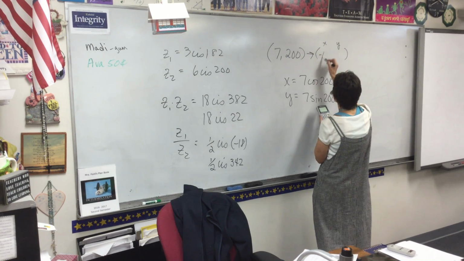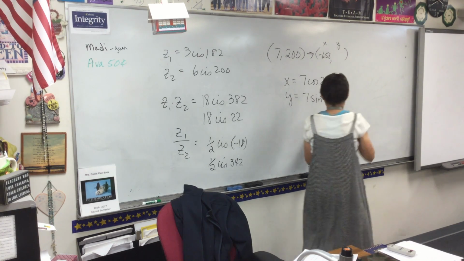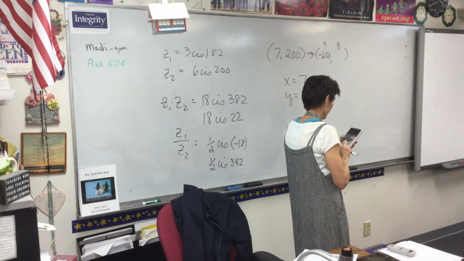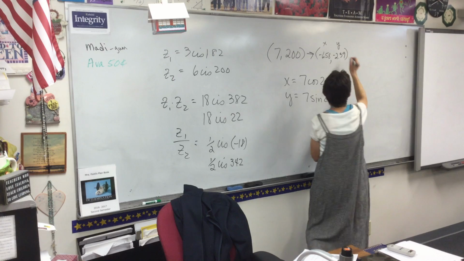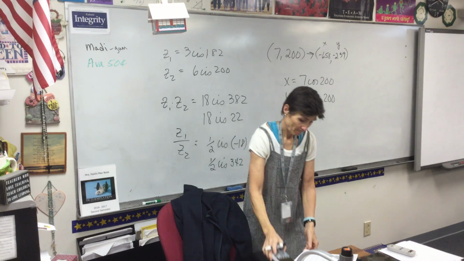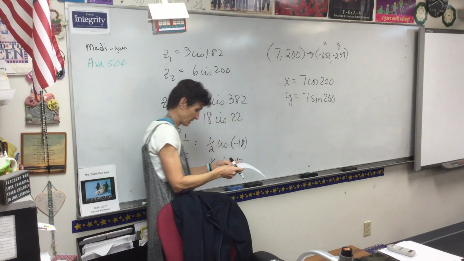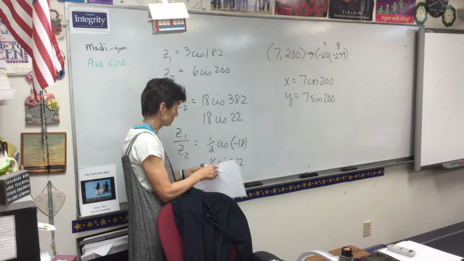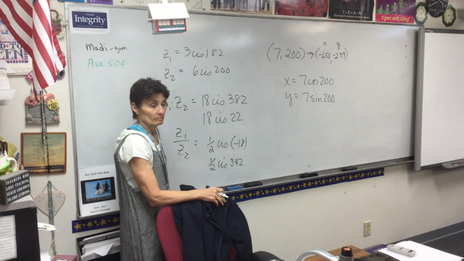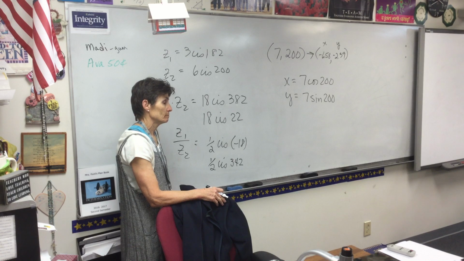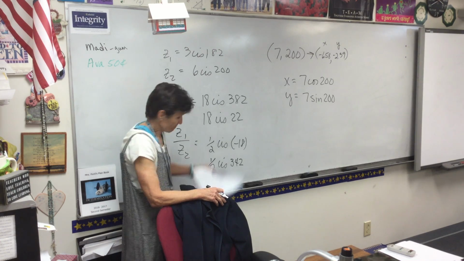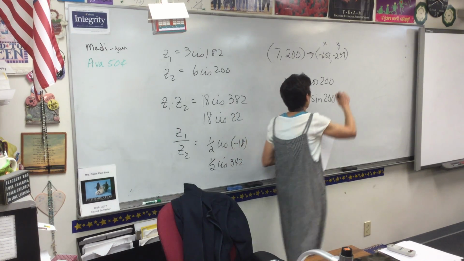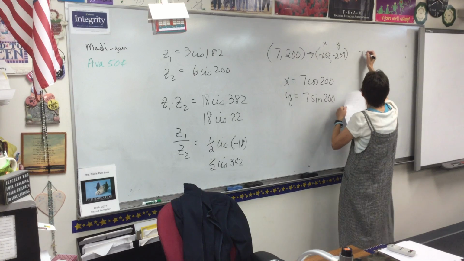Negative 6.58 and negative 2.39. How about that? Does that look okay to everybody? One more. Change to polar form.